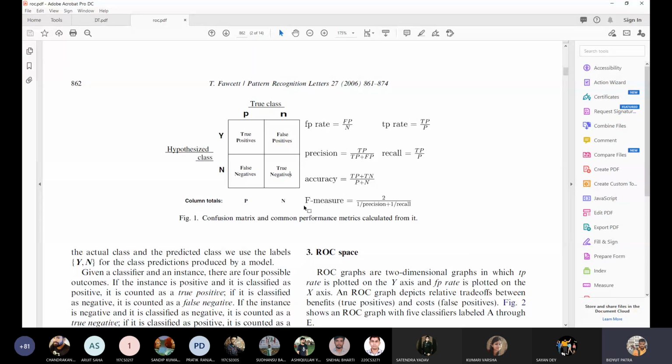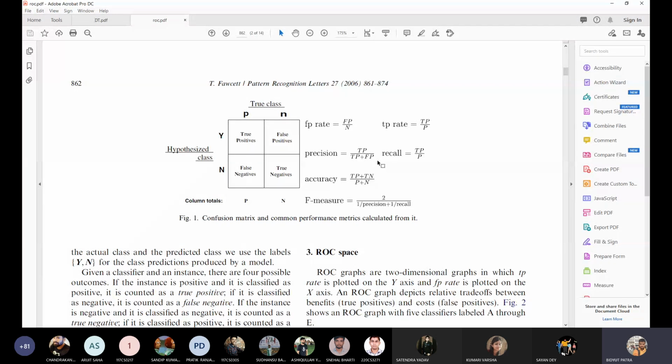Now there is another measure called the F measure. Many times it is found that there is a trade-off between precision and recall. That means whenever in some classifier precision increases, recall decreases, and recall increases, precision decreases. But the best classifier should have a balance between precision and recall. Both should be quite high, let's say above 80% or above 70% and so on.